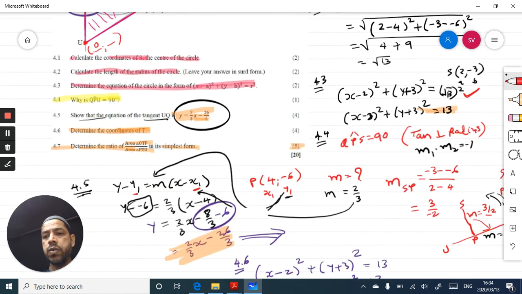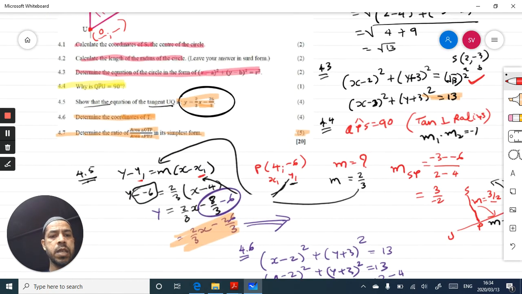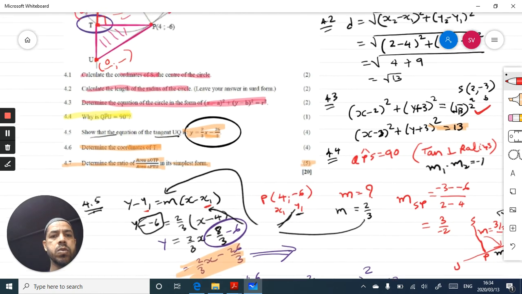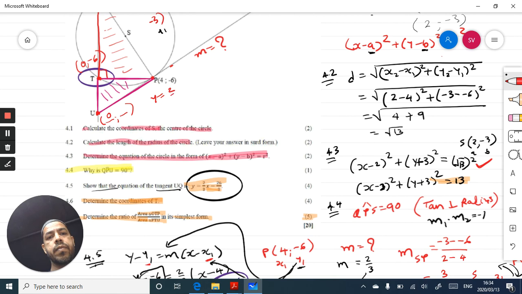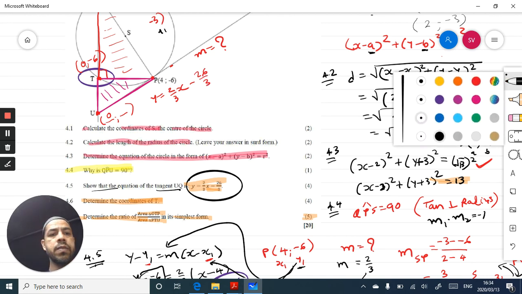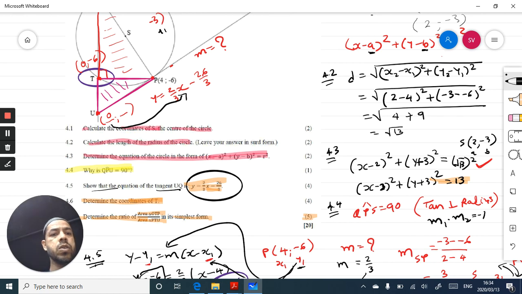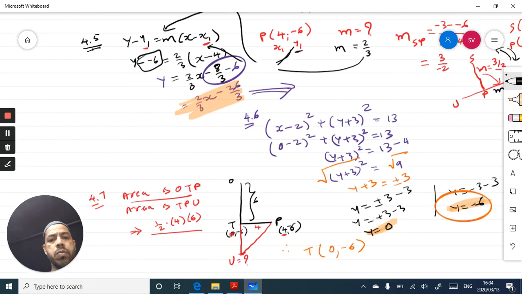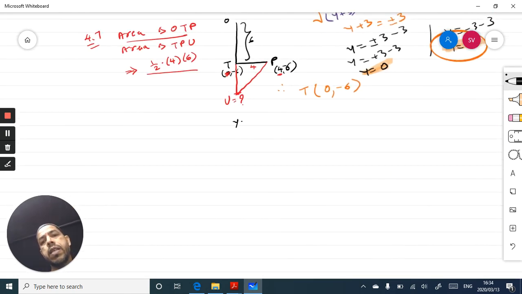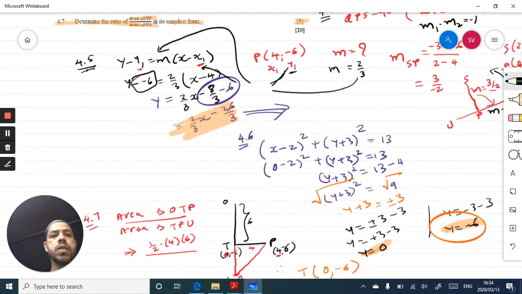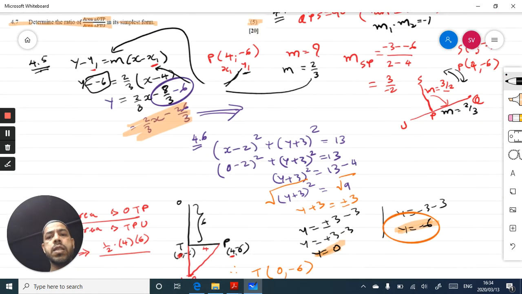So basically I found the equation of that straight line. It is y equals 2/3 x minus 26/3. In that equation, if I now substitute that 0, it is going to give me the y value of U. So my equation is y equals 2/3 times 0, minus 26/3.